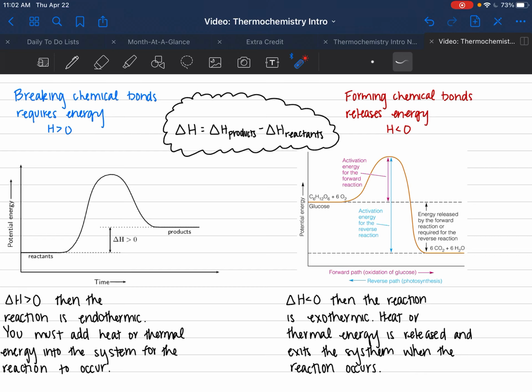So heat or thermal energy is being released and exits the system. So think exo, exit. That energy is leaving the system. A great example of this is like a fire that's burning, it's giving off that heat. Fireworks also, chemical explosion that's happening, it's giving off heat. Those sort of things are exothermic reactions.